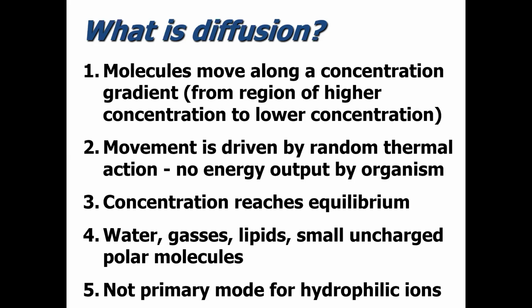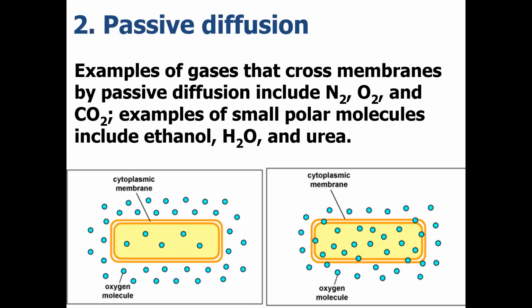The molecules which can easily carry out diffusion are water molecules, some gases, that is carbon dioxide, oxygen, some lipid molecules also, as well as small uncharged polar molecules. This diagram shows an example of passive diffusion.